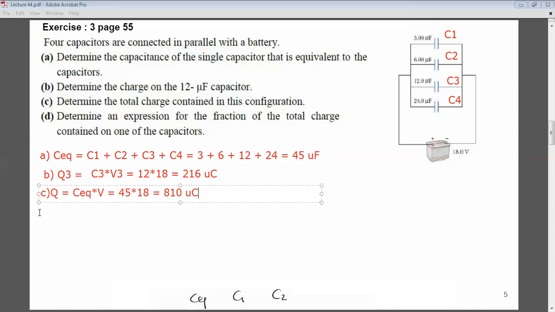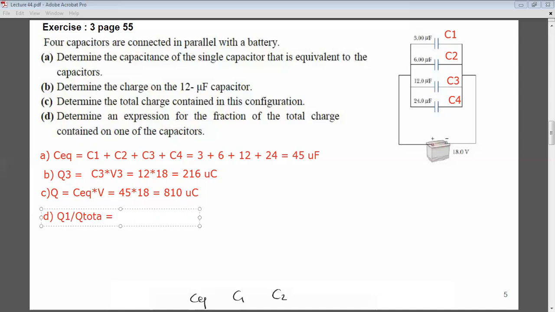Finally, part D, determine an expression for the fraction of the total charge contained on one of the capacitors. That is, I want to get, for example, Q1 over Q total. So what is Q1 over Q total?